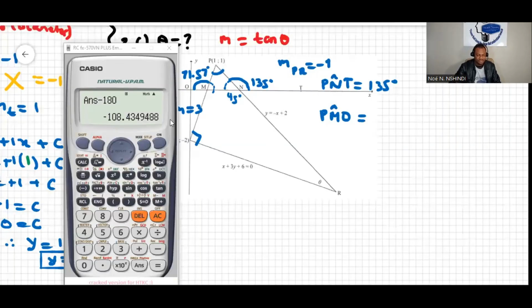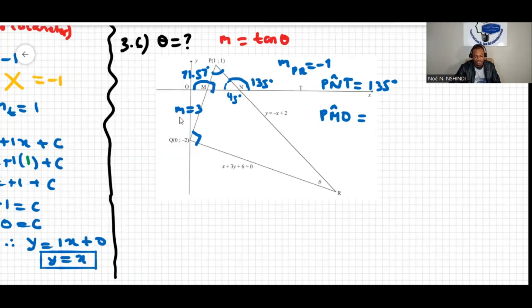Excuse me, that's not exactly correct, that's wrong. The 71 degrees is not the angle outside the triangle, it is actually inside the triangle. So I misplaced the value of the angle over here, so let's put it in the right place.